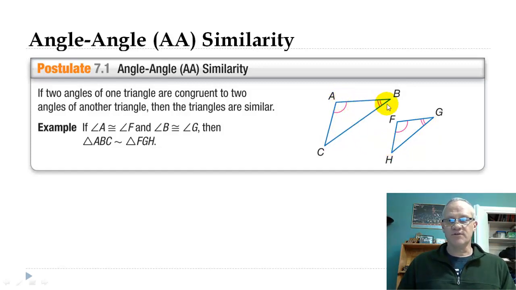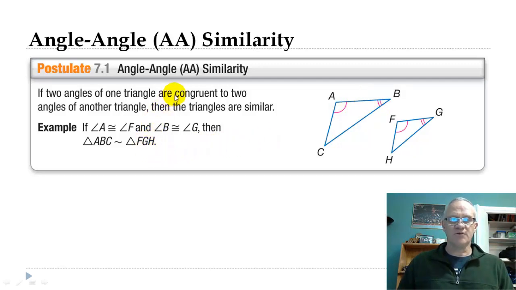So really, we don't even need all three angles to be the same. All we need to know is that two angles are the same, and then we know they're similar. If you remember when we were talking about similarity, one of the things was all three angles are the same. But we don't need to prove that. All we have to do is prove 2, because once we prove 2, we got the third one.